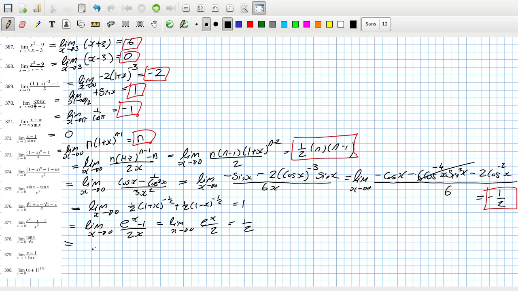So I can take a shortcut here, because I know tan x will behave like x near 0, so I can just replace this by x over root x, which will be limit as x goes to 0 of root x, which is 0.